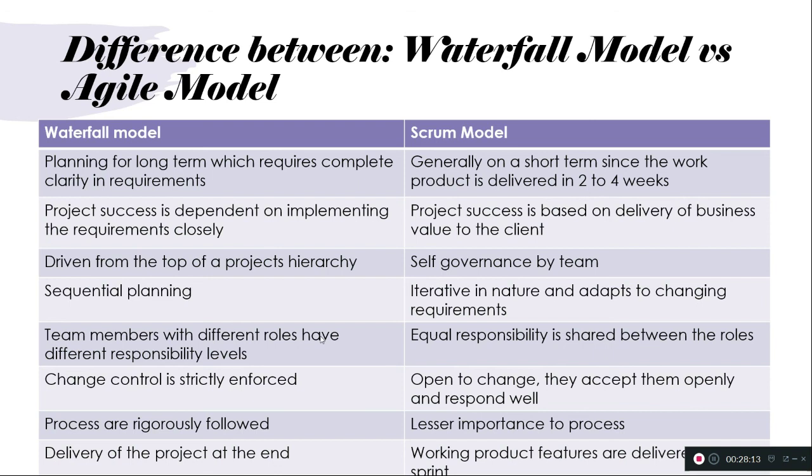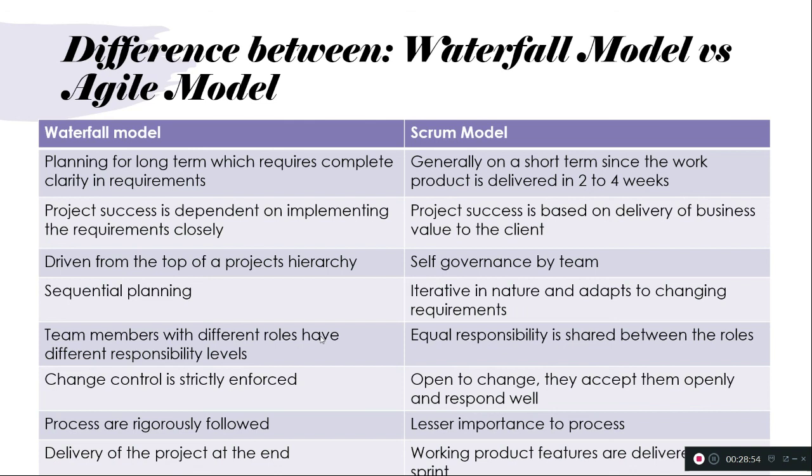In waterfall model, the change control is strictly enforced. There will be a CCB, change control board team. We need to get approval from them to implement or make any changes. Here Scrum model is very simple, open to change. They accept changes openly and respond as well. If there is a change, it should be in the product backlog and it will be moved to the sprint backlog. Once the sprint is started, we will not accept any changes during the execution of the sprint.